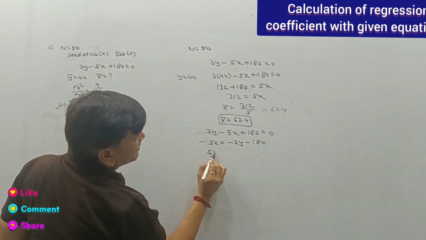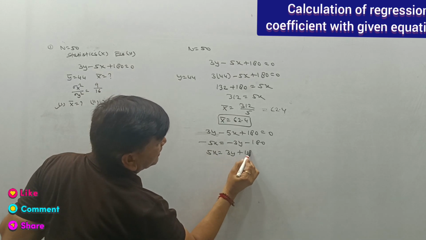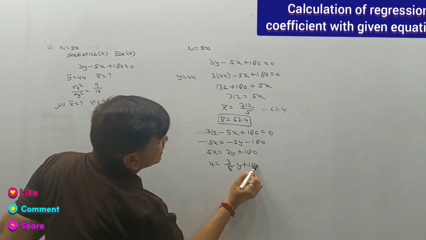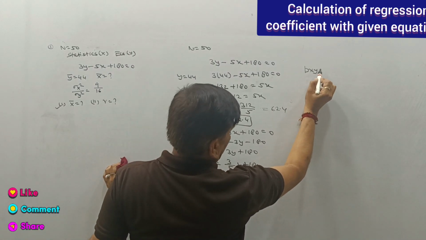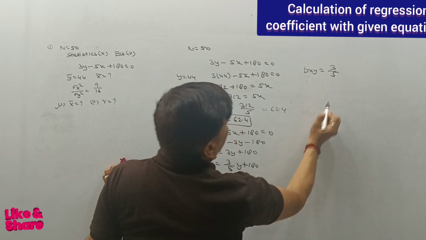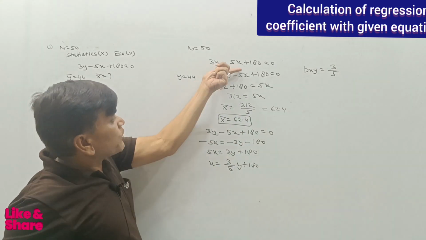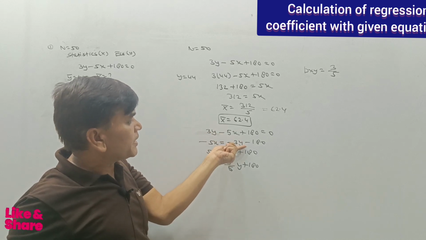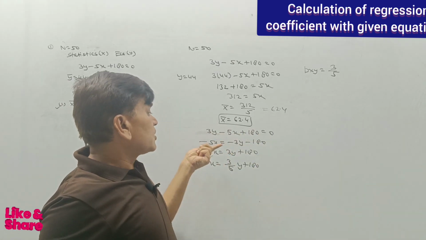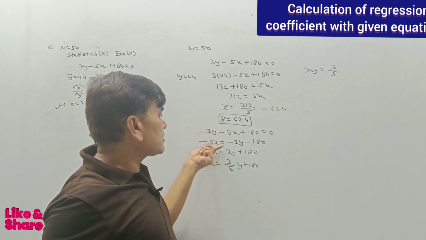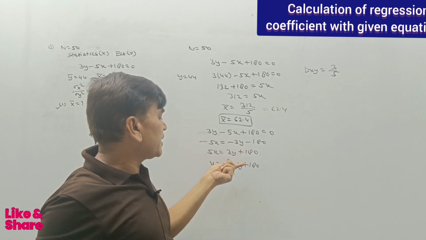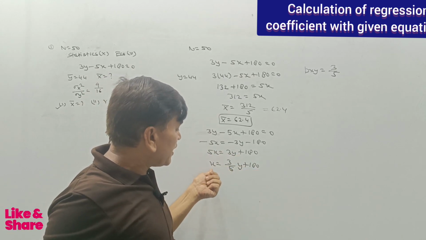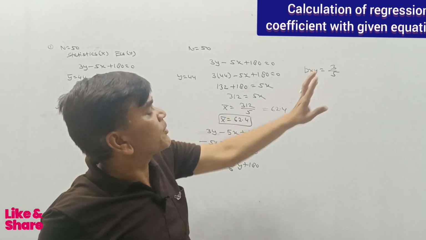Negative is common, so the negatives cancel: 5x is equal to 3y plus 180. Then x is equal to 3 upon 5 y plus 180 upon 5. So the value of bxy is equal to 3 upon 5.